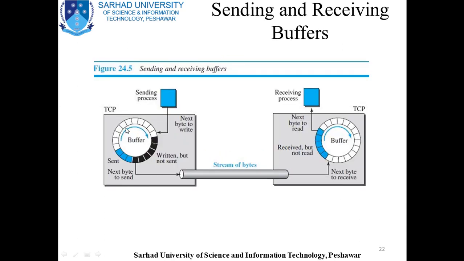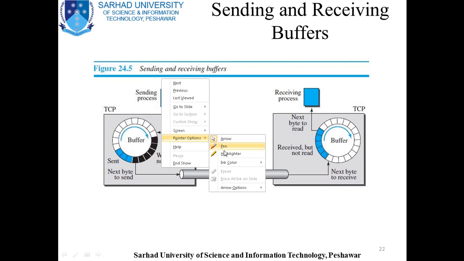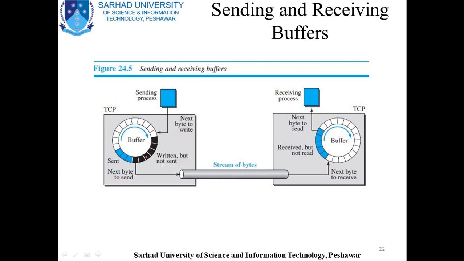So you see that this is a diagram for sending and receiving buffers. It is a very good representation. Let's say this is a buffer, and it is moving in the clockwise direction, and the blue portions represent the sent packets, and the black ones are not sent yet, and there are some other packets that you will be embedding.